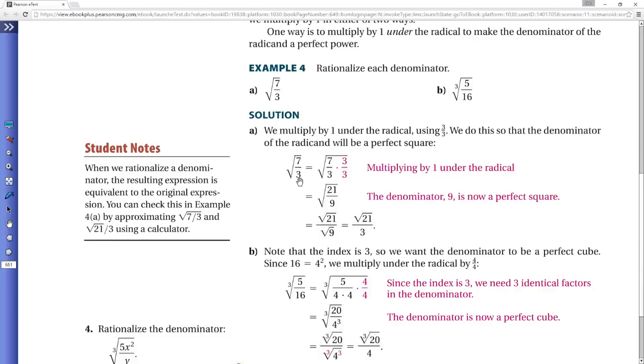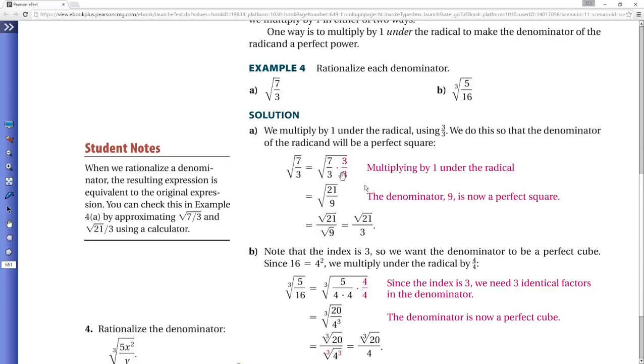So how do you do that? Well, you square 3, the easiest way, and you take 3 times 3, or get 9. Well, I need to multiply by 1, so the numerator has to be 3 too. So I get 7 times 3 is 21, and 3 times 3 is 9. And why? Because we wanted the denominator to be a perfect square.